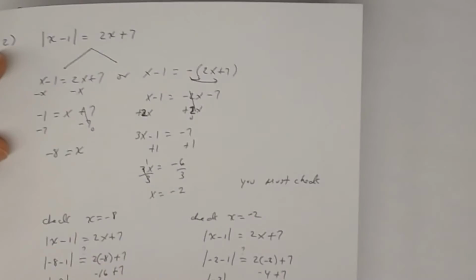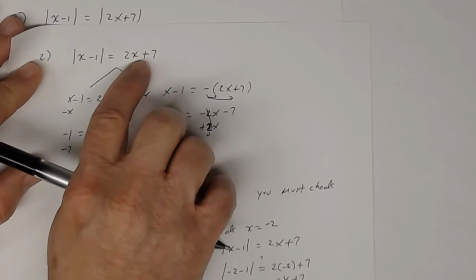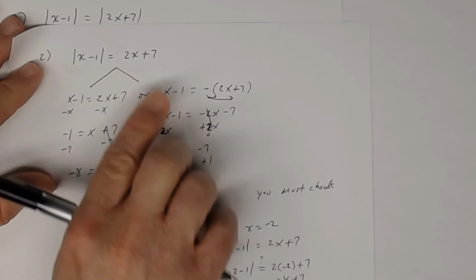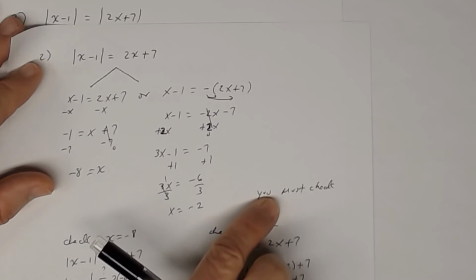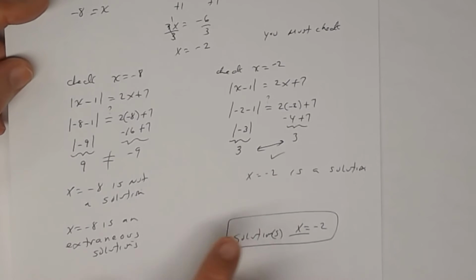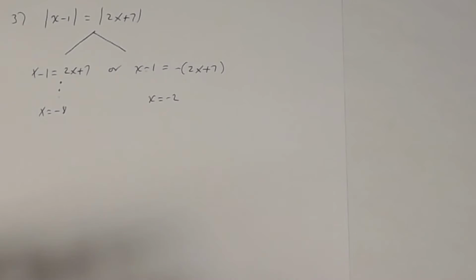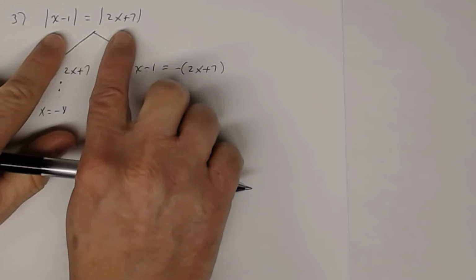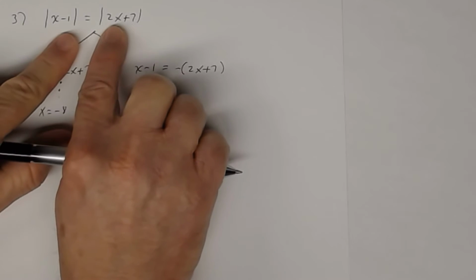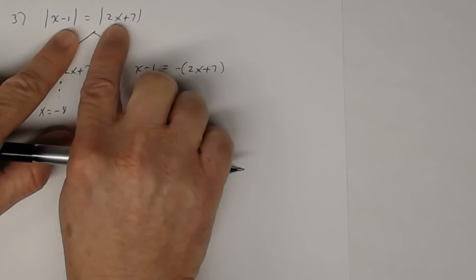And then when we got to this point here, remember for number 2, since I had a variable expression on the right-hand side, I had to check. And we saw that one of those was not a solution, but the other one was, right? Okay, so you may say, well, what's the difference here? Well, the difference is both variable expressions are within absolute value bars.